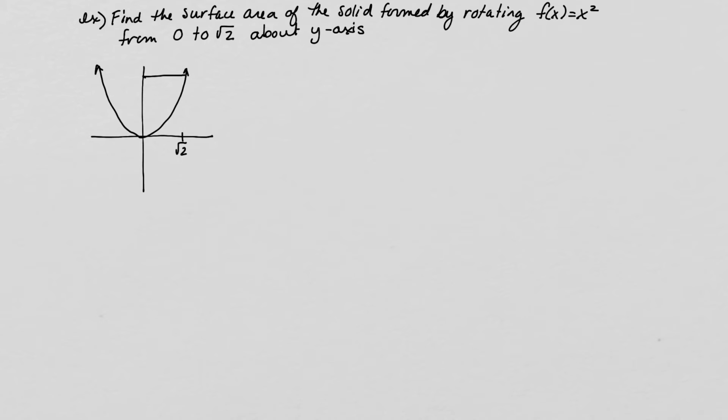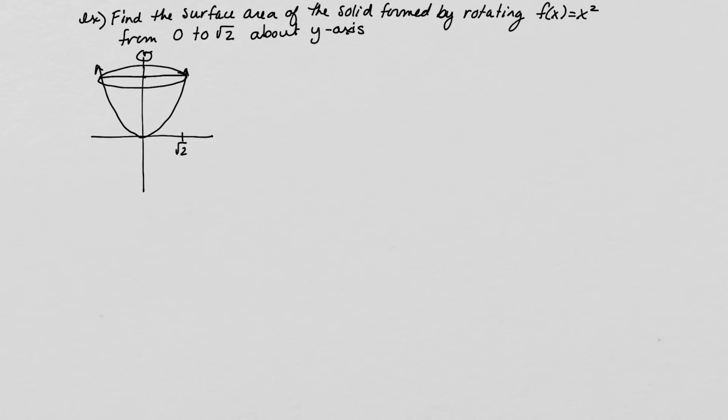I should have made that a little clearer. Formed by rotating that about the y-axis. So we're talking about making a solid this way. So we're interested in finding the surface area of that.